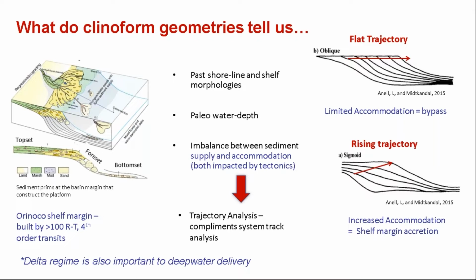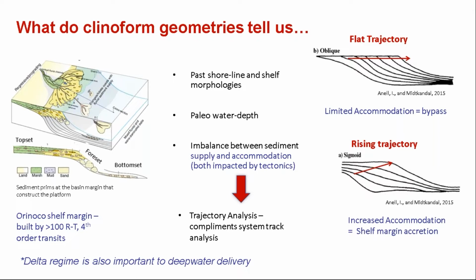If we follow the shelf edge trajectory, or shelf slope break, at each successive margin, we can understand different trajectory changes. These trajectory changes can be linked to varying supply and accommodation. Generally, a flat trajectory represents more limited accommodation, while rising trajectories generally indicate increased accommodation.